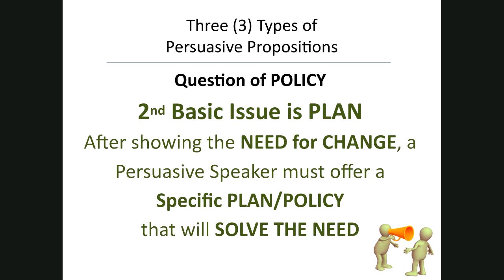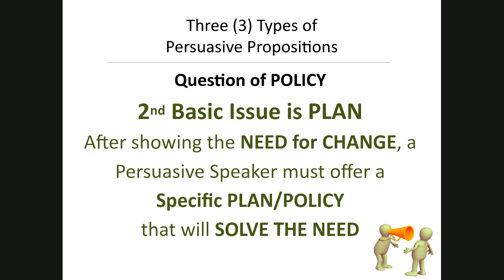The number two basic issue for question of policy is the plan. So you've established either you want a change in policy or you don't want a change in policy. Now we go on to the basic issue of the plan.